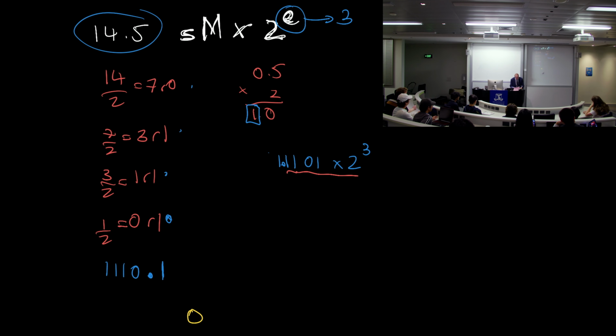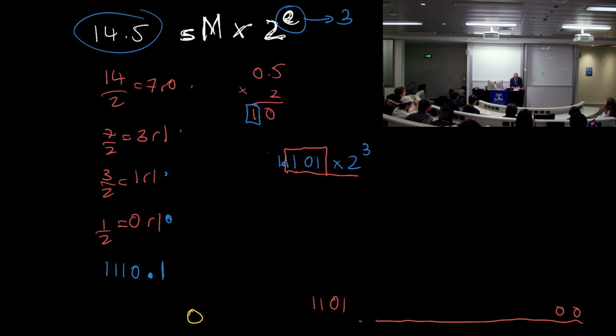So our significant figures for our mantissa are just these digits over here, 1101. So we're going to write 1101, and then all the other mantissa bits are just going to be 0. And I think there are 15 of them: 1, 2, 3, 4, 5, 6, 7, 8, 9, 10, 11, 12, 13, 14, 15.